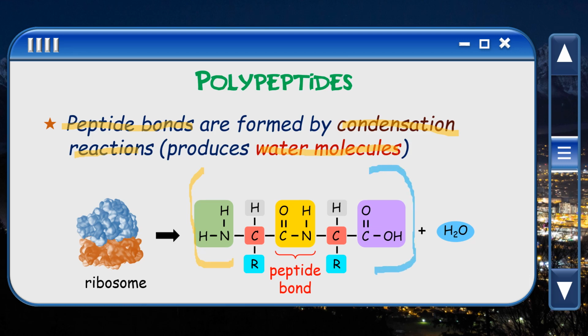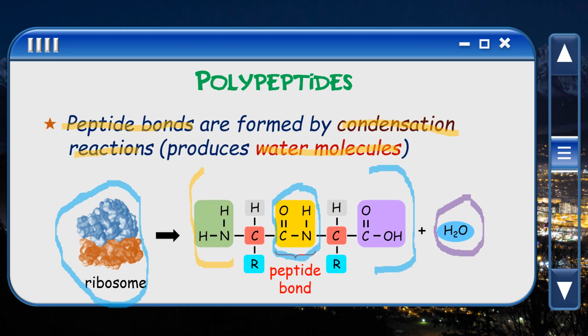When they pass through the ribosome, that is where we connect one amino acid to another, forming a peptide bond. But for that bond to be formed, we have to release a water molecule, and that is what we call the condensation reaction.